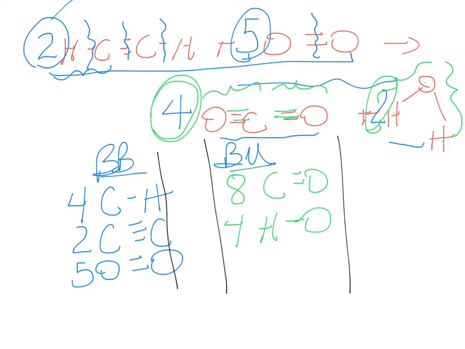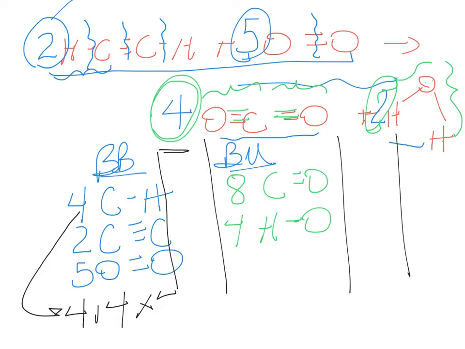Now you look in the bond enthalpy table and you find the energy values for each of these, and you add them up. Remember, it's bonds broken minus bonds made. We can see that the bond energy for a carbon-hydrogen single bond is 414. We broke 4 of those, and so that contributes 1656 kilojoules to the bonds broken.